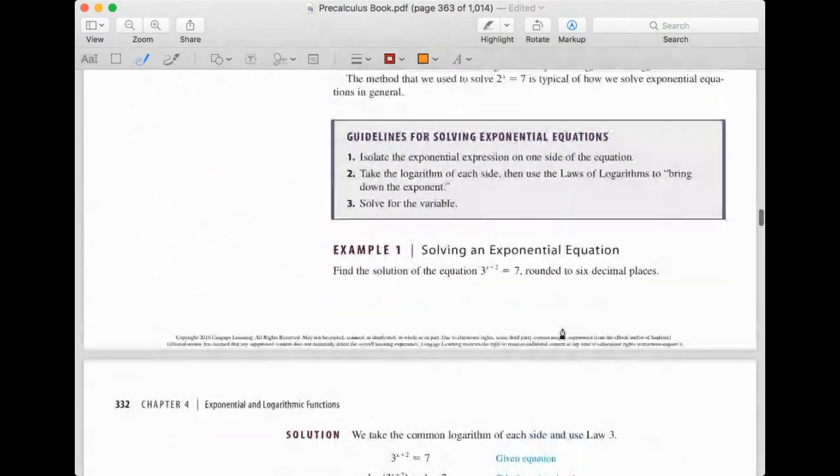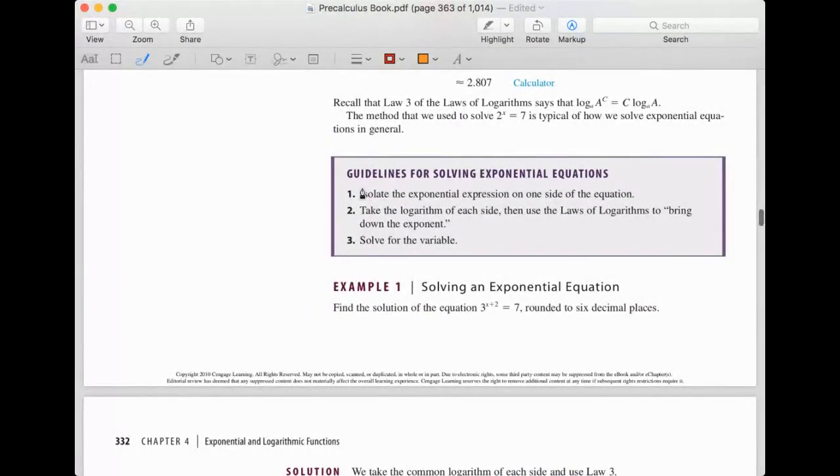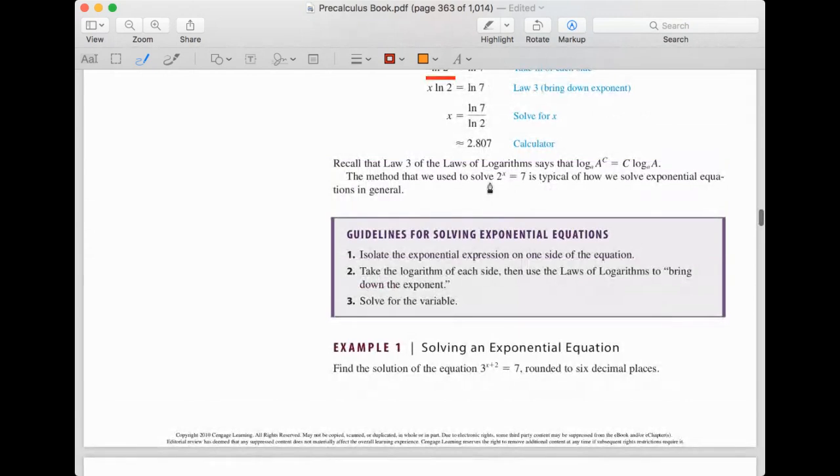Let's read these guidelines for solving exponential equations. The first is to isolate the exponential expression on one side of the equation, because sometimes we get more terms. Isolate means we only want the exponential term on one side, and we put all other terms on the other side.